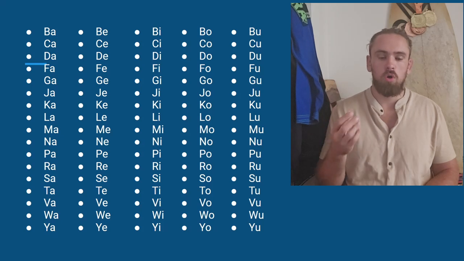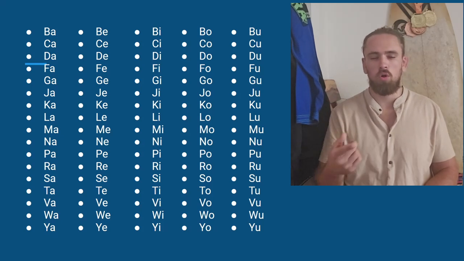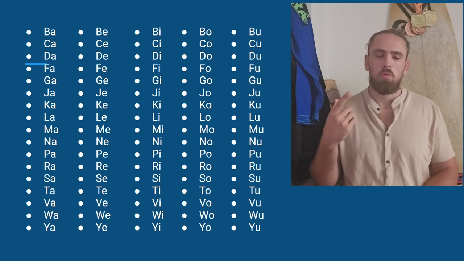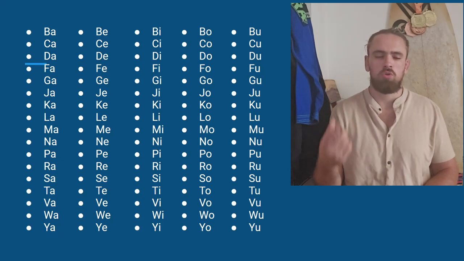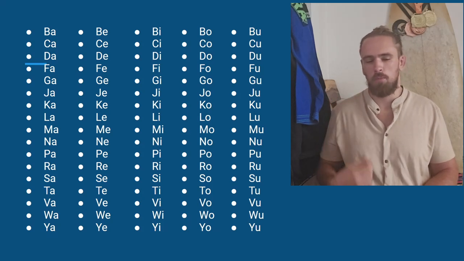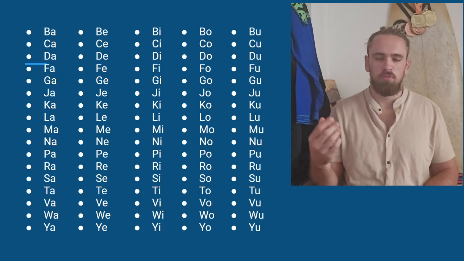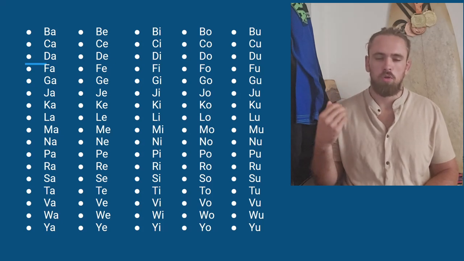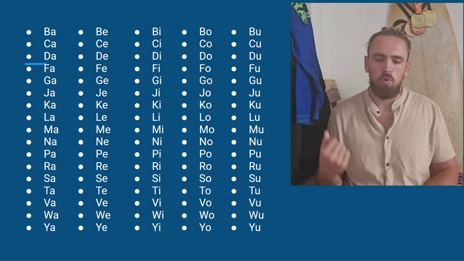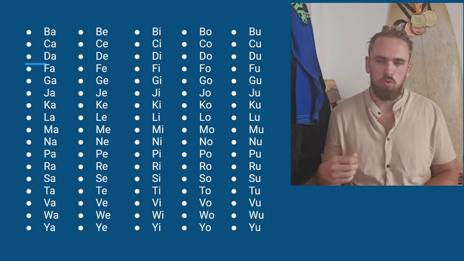Bo, ko, do, fo, go, ho, ko, lo, mo, no, po, ro, so, to, bo, wo, yo. Pu, ku, du, fu, gu, hu, ku, lu, mu, nu, pu, ru, su, tu, bu, wu, yu.